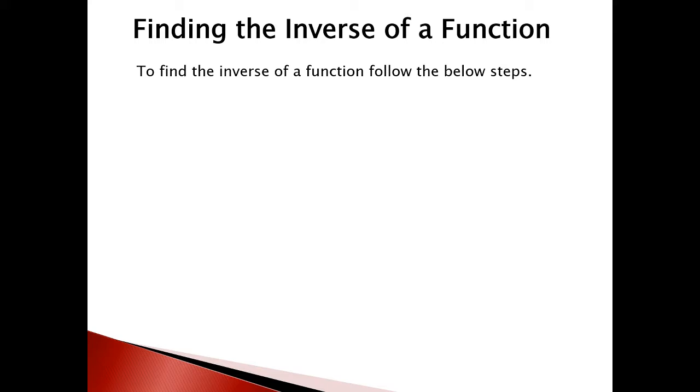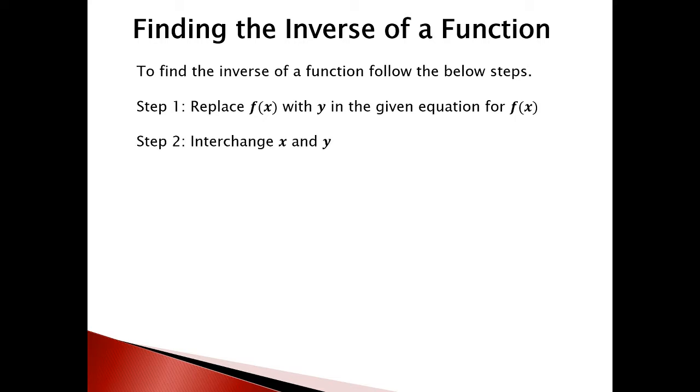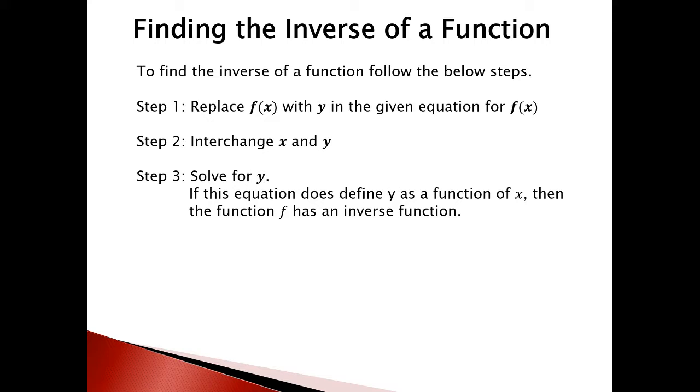To find the inverse of a function, you need to follow some steps. Step 1 is, replace f of x with y in the given equation for f of x. Step 2, interchange x and y. Step 3, solve for y. Step 4, if this equation does define y as a function of x, then f has an inverse function.